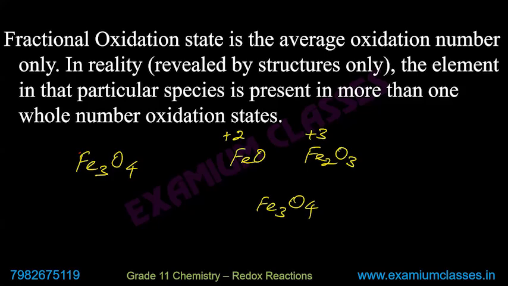So their average, in this case again average, will be the overall oxidation state. But the underlying reason is different. Here again it is average, but the underlying reason is different. Here the iron is not in just one compound. It is actually in two different compounds.